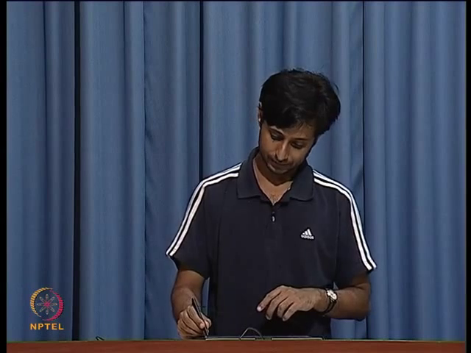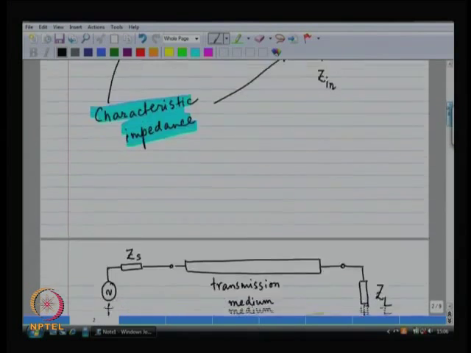Now, this word characteristic impedance is not to be confused with resistance or impedance. Characteristic impedance is a number which has units of ohms and it is characteristic to a certain cable, that is it. It is not the input impedance seen when you look into the cable. Okay.